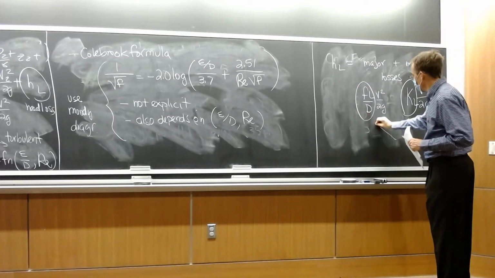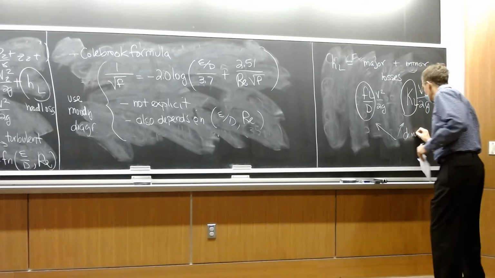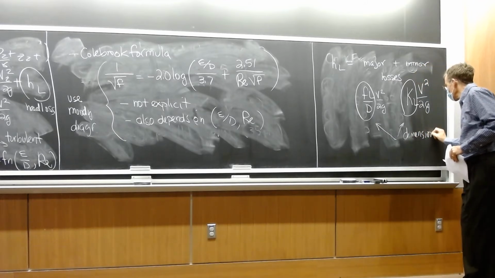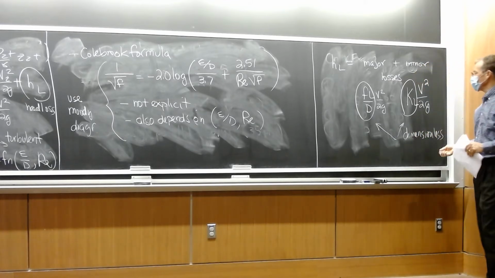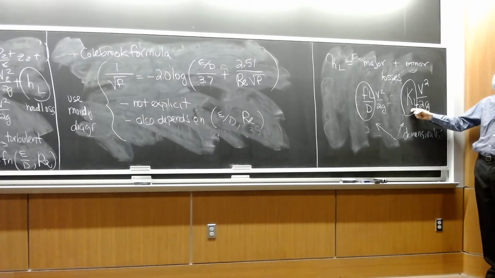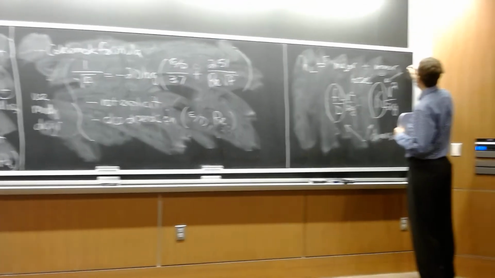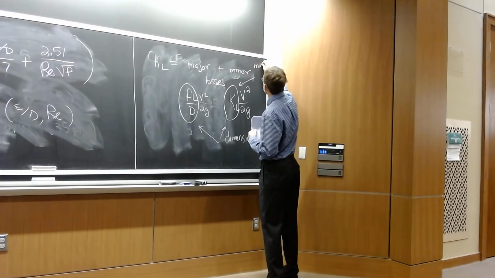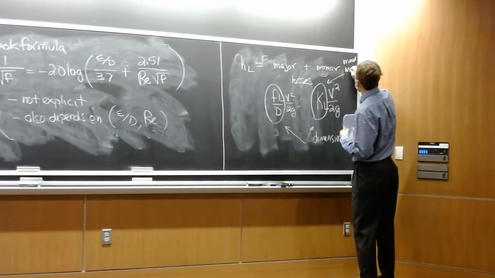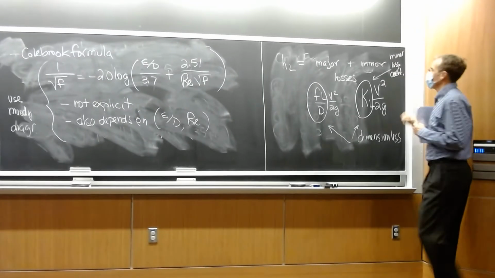Both of these are dimensionless numbers that you multiply times your velocity head. But for the minor losses, we have these minor loss coefficients.